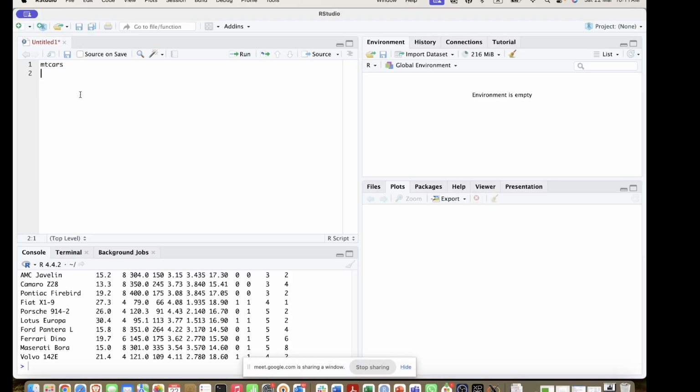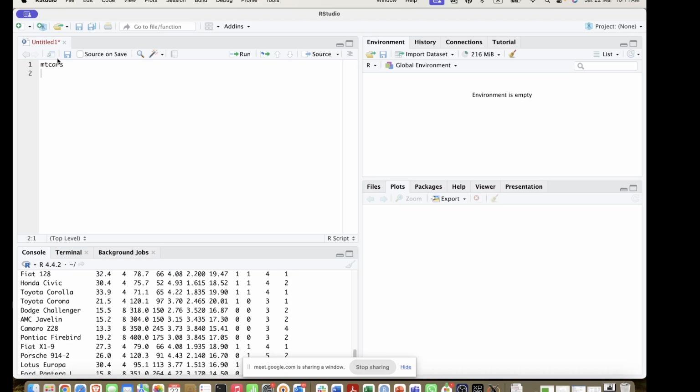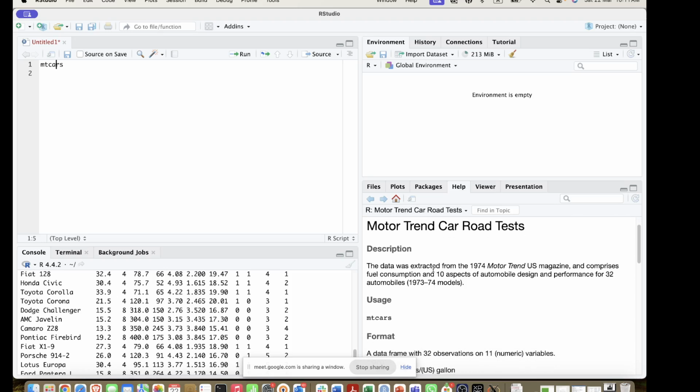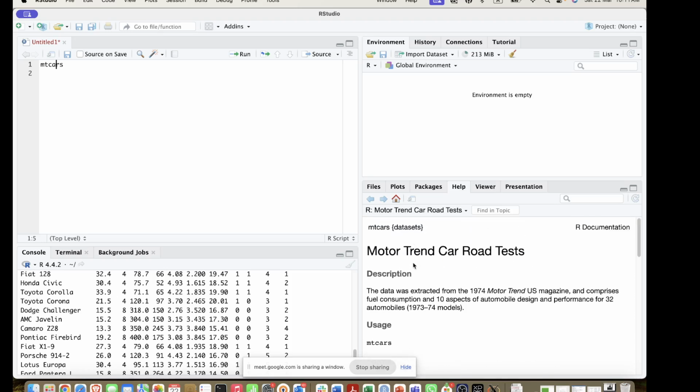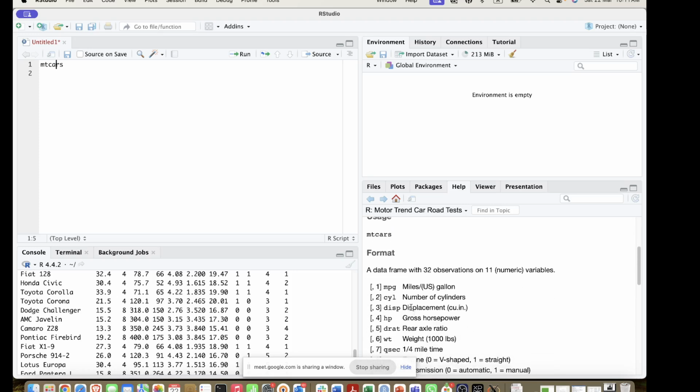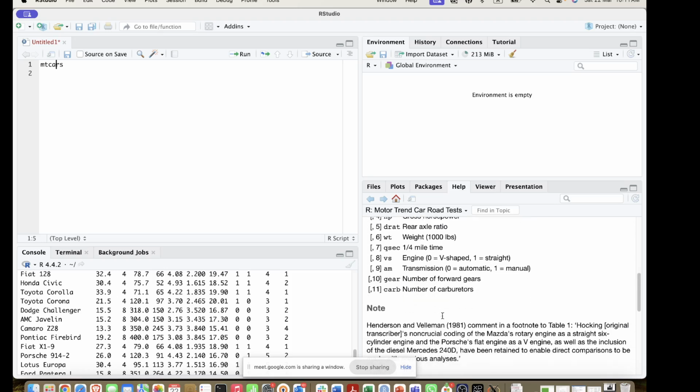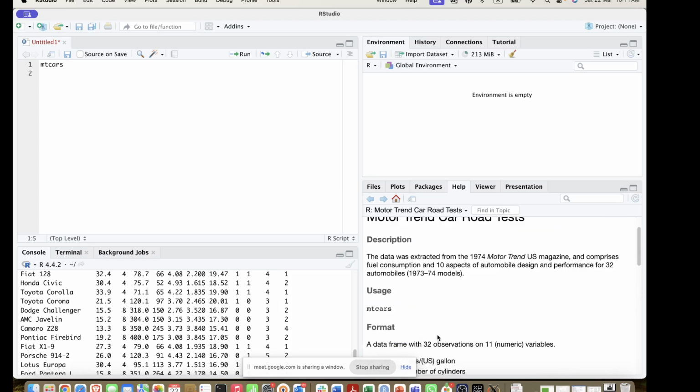Okay, so this is the mtcars data set. If I press F1 over here, I will be able to see what the data is, a data frame with the number of observations and number of numeric variables.